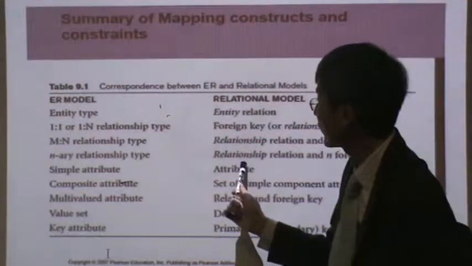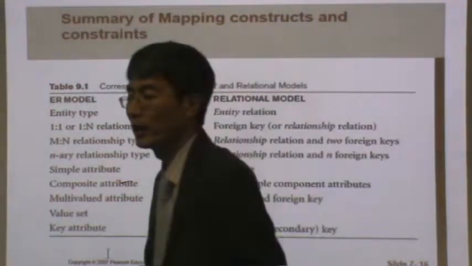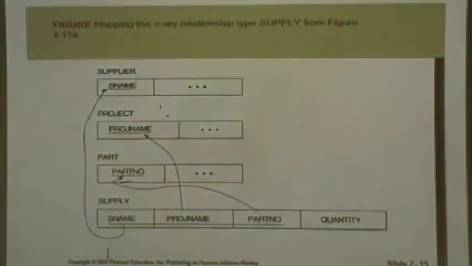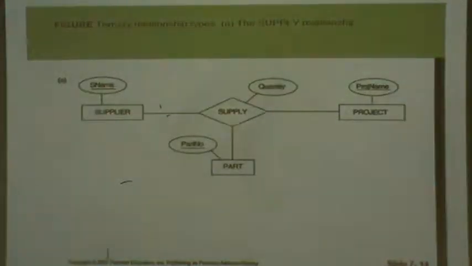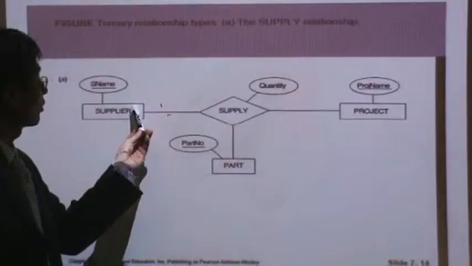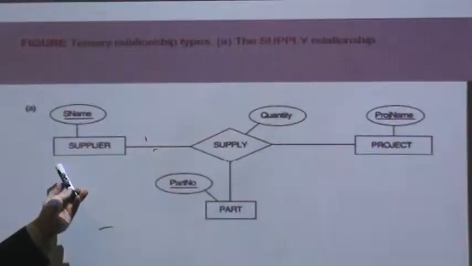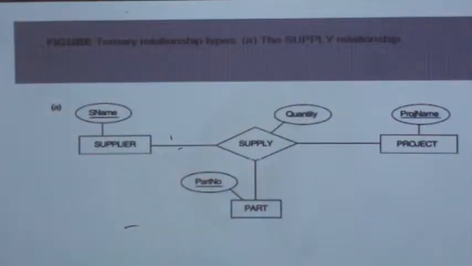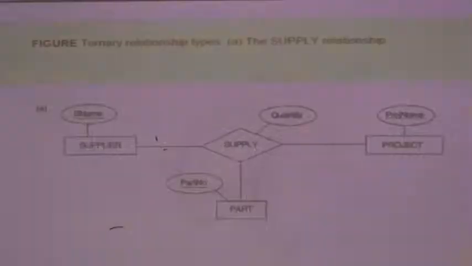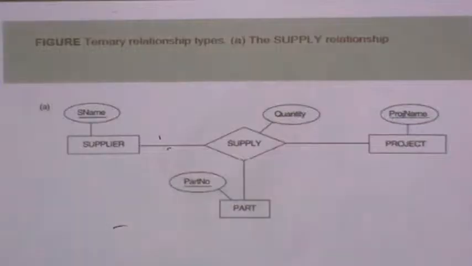Okay, then I think that we didn't discuss the n-ary relationship. An n-ary relationship is this one. In case 3 or more entities are involved, that is n-ary. This is a ternary relationship. In this case, how can we convert this into the relational model?